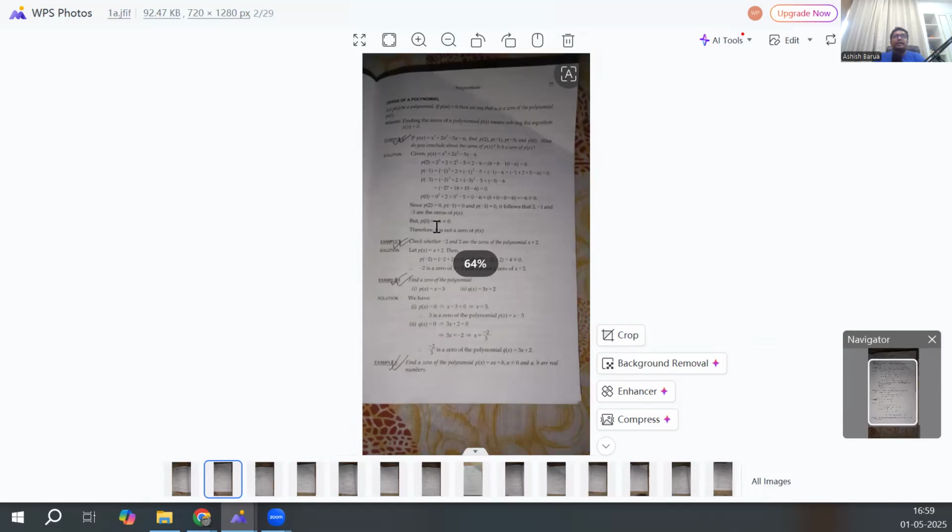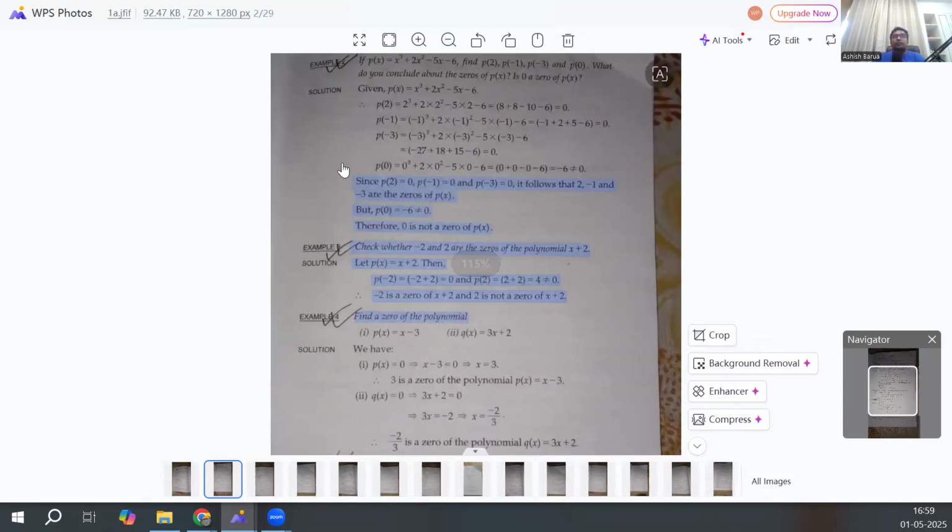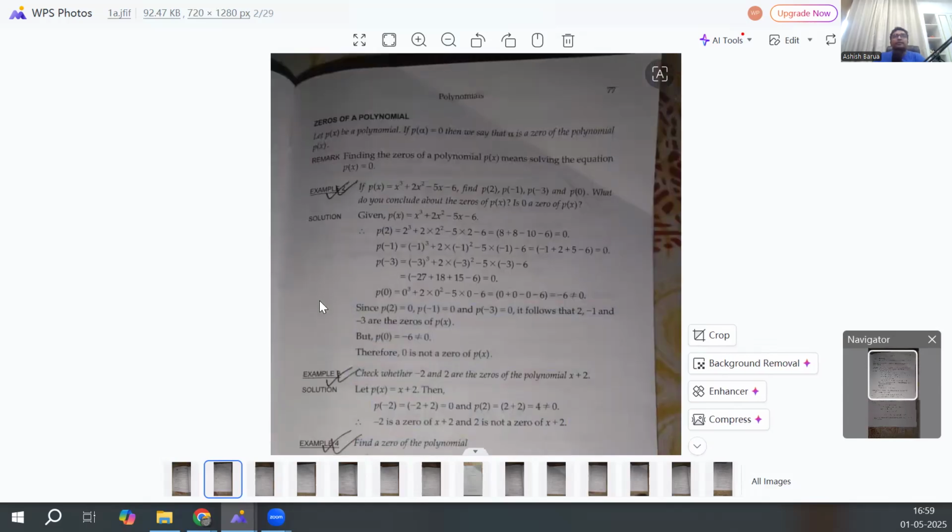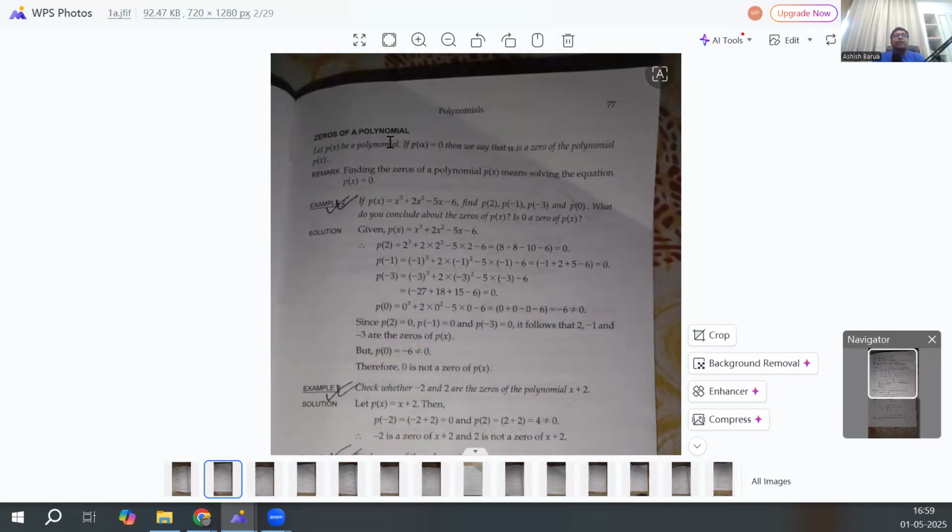Next part is zeros of a polynomial. What do you mean by zeros of a polynomial? First of all, the polynomial is clear. Any algebraic expression having constant and variable terms separated by mathematical operations, that is plus, minus, multiplication, and division.